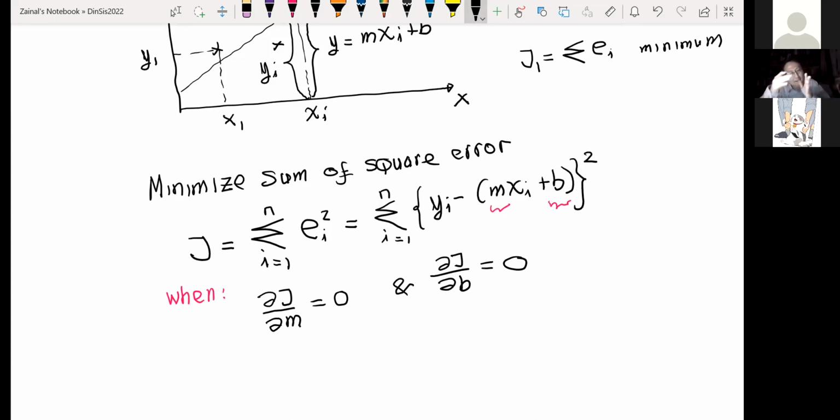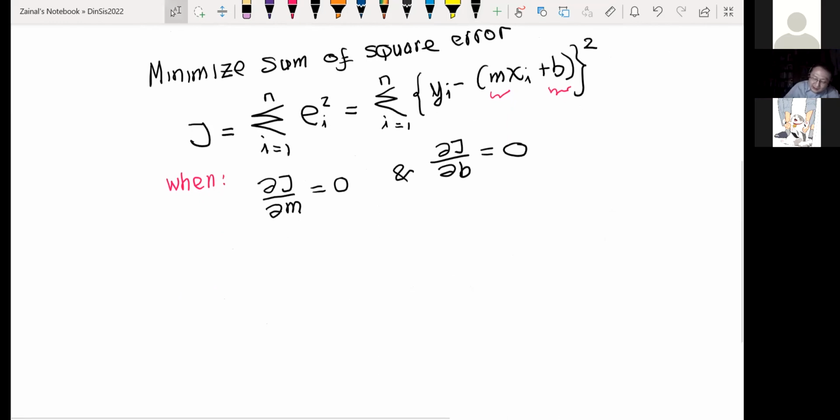Because m and b can be adjusted, the criterion is to adjust m and b so that J, the sum of square error, is minimum.